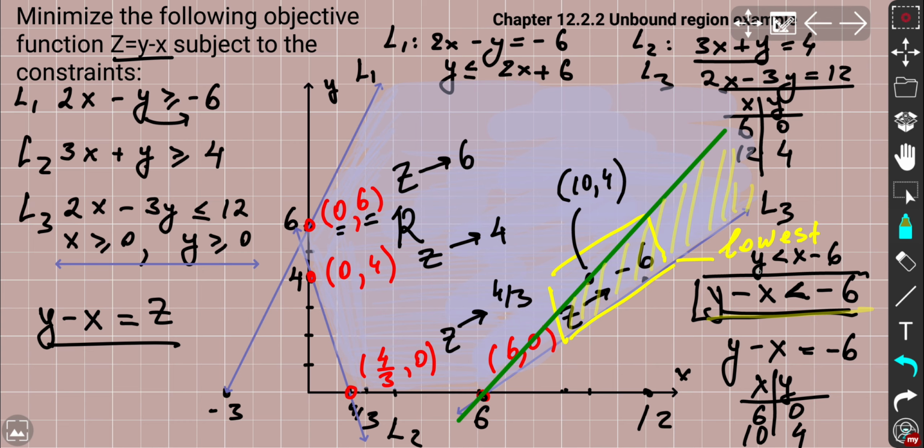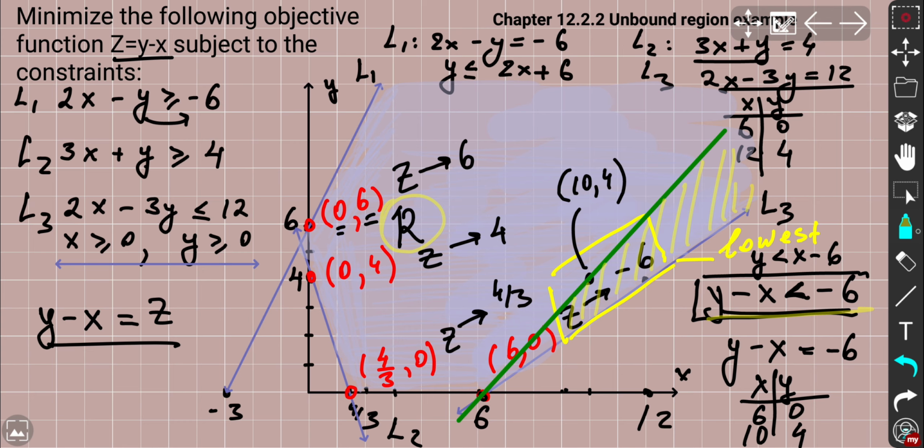If you rearrange, y is lower than the boundary x minus 6. So that's the region, actually. And you can see that this region with our region R have lots of common points, because that is unbounded. It will have infinitely many common points.